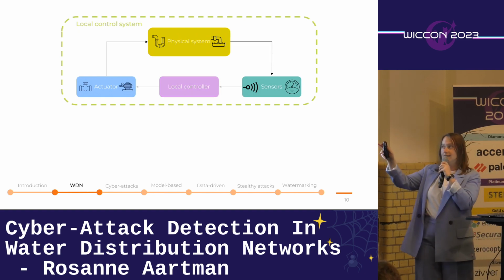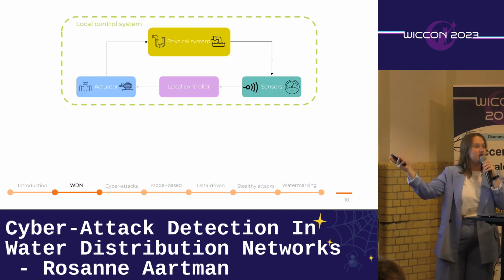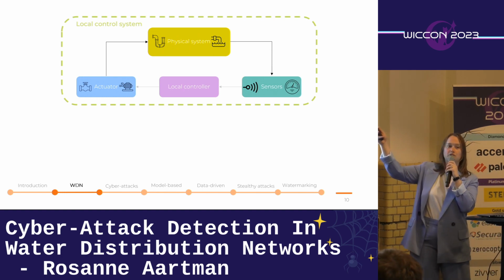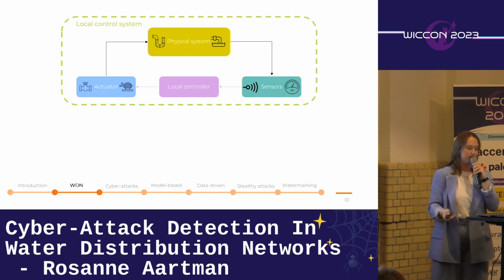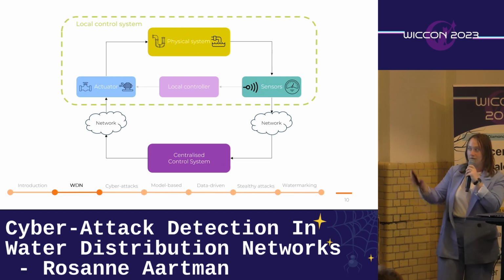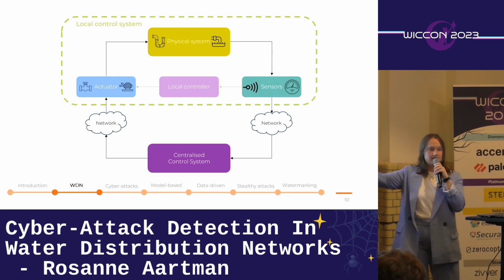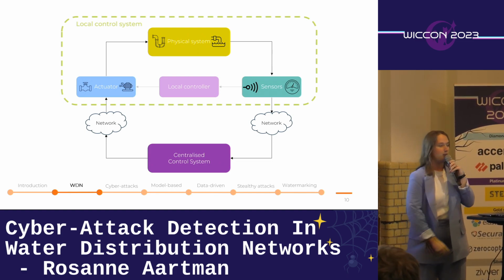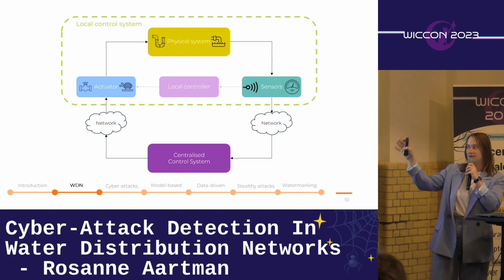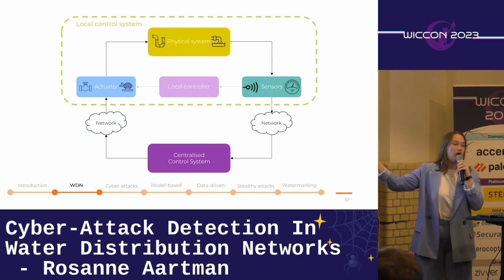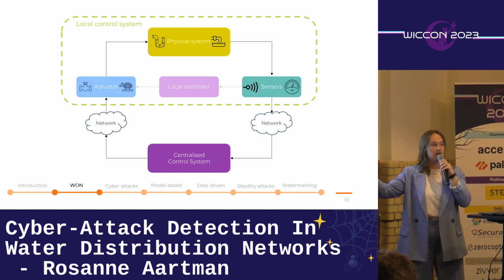However, in these cases I'm going to show you today, the local controller is being left out. We are more interested in our centralized control system, because the local control system and the centralized control system are often at different locations.